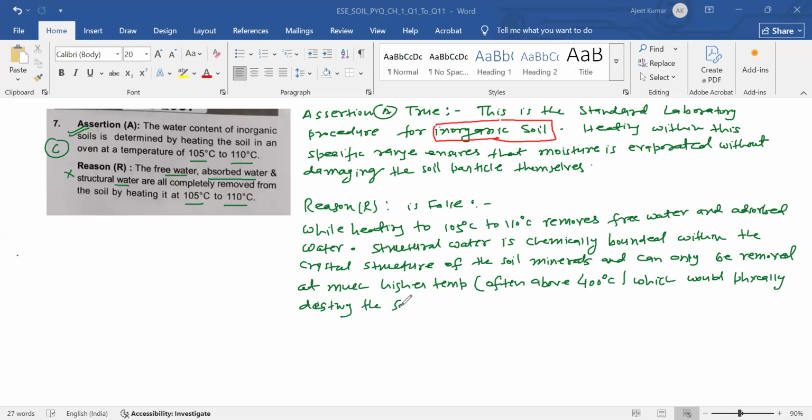Okay, so assertion A is correct and the reason R is wrong.